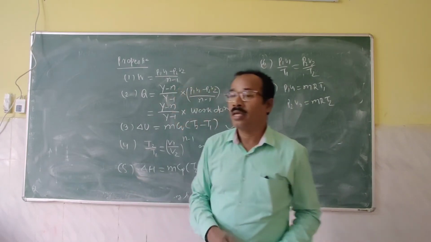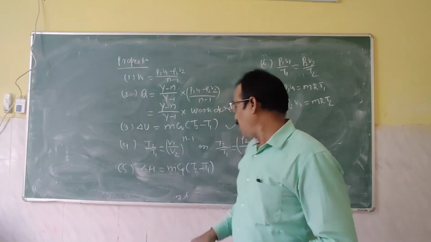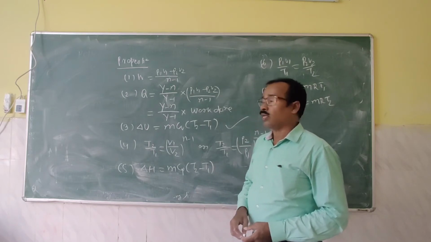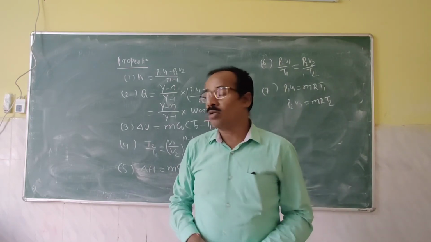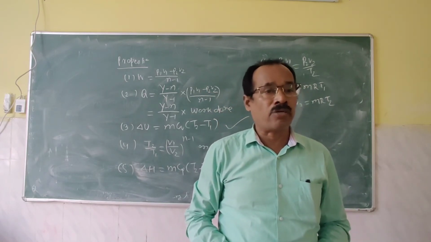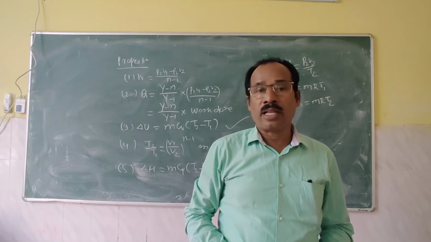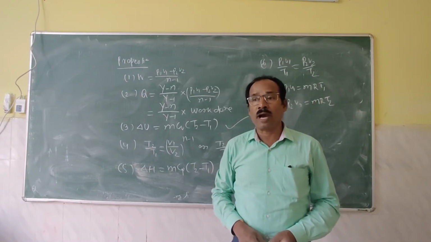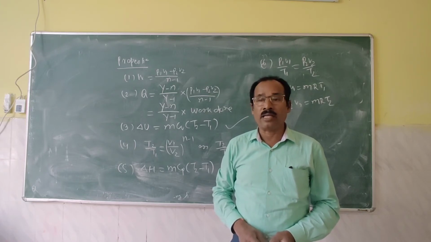Number 5, change in enthalpy. It is given by m Cp (T2 minus T1). Number 6, general gas equation, that is P1 V1 by T1 is equal to P2 V2 by T2. Then last point is P1 V1 is equal to m R T1 and P2 V2 is equal to m R T2.